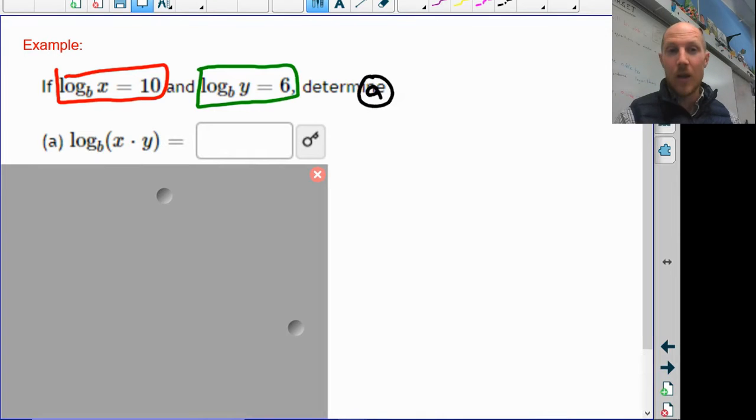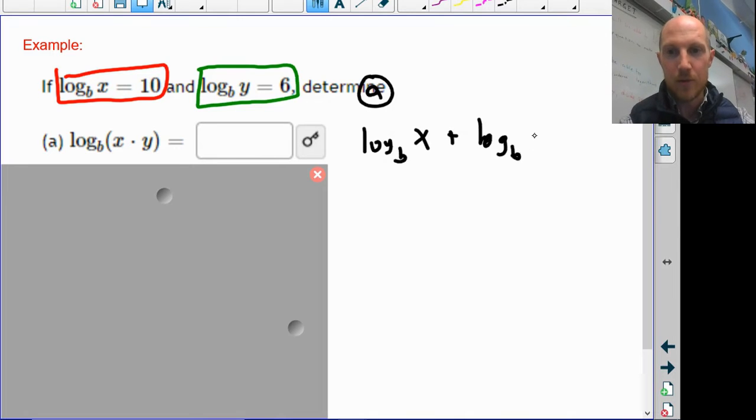I know they're logs, but I don't know what x and y are. So I can't just multiply them together. The only thing I can do is expand log base b of x times y. So I can turn that into log base b of x plus log base b of y. All right, so there it's expanded.